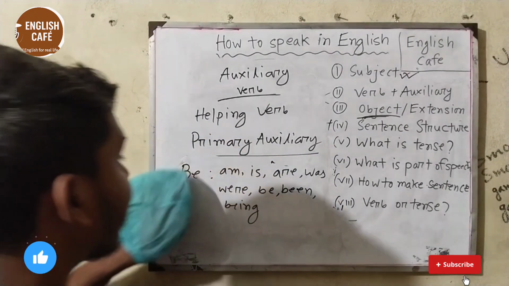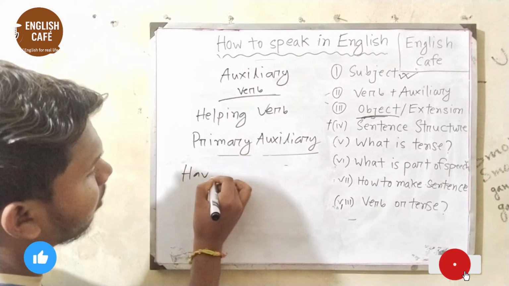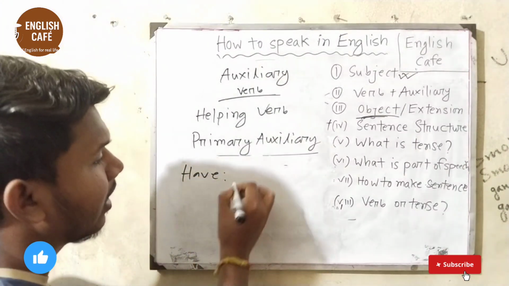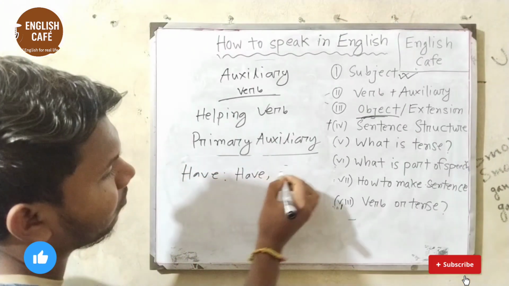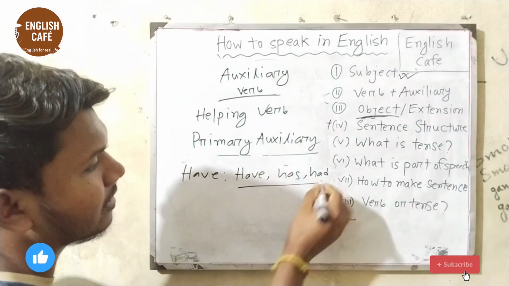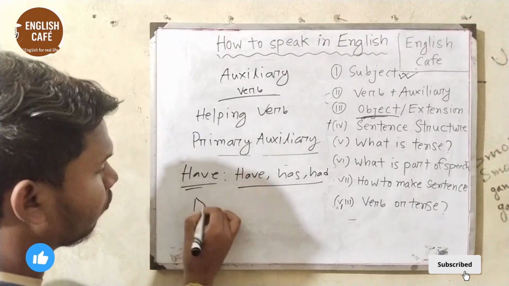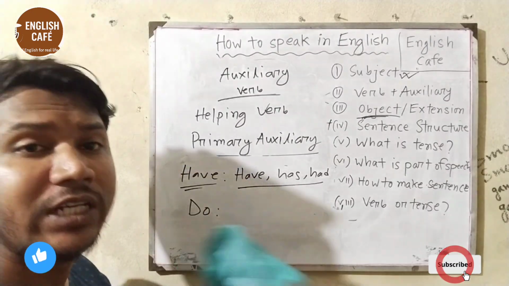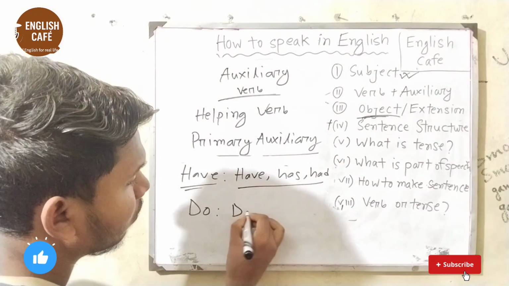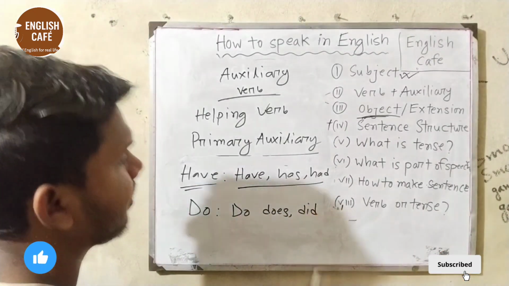Okay. Now we are going to learn the have verb. It is very simple. There are only three have verbs, and that is have, has, and had. These three verbs are called have verbs. Another one is do verb. Do verb also has three forms, and that is do, does, and did.